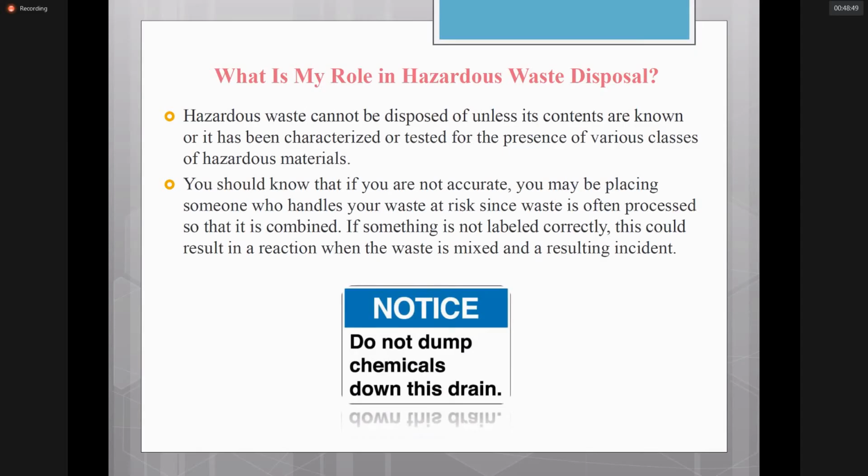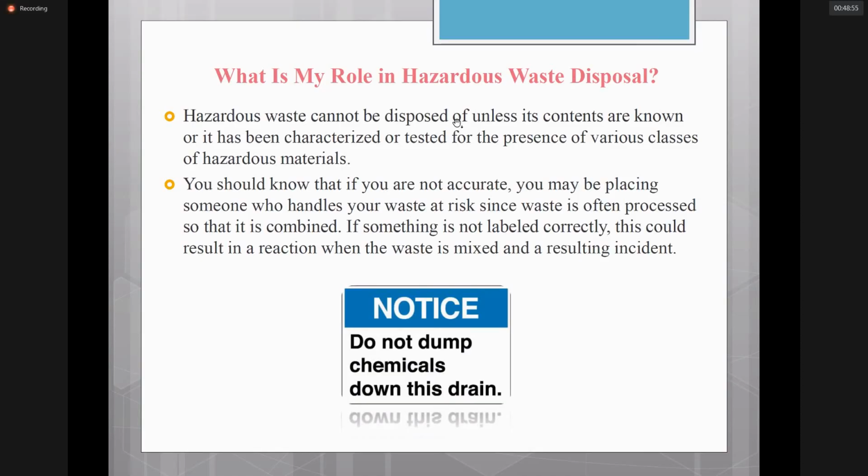It must be labeled, it must be known the content of this waste. You should know that if you are not accurate, you may be placing someone who handles your waste at risk, since waste is often processed so that it's combined.